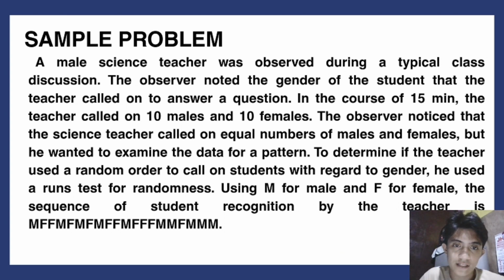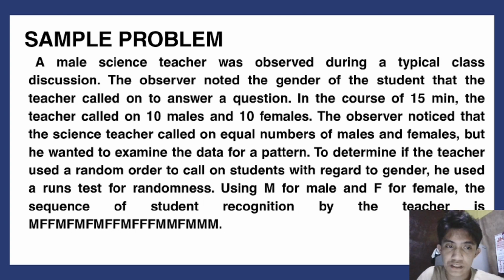A male science teacher was observed during a typical class discussion. The observer noted the gender of the students that the teacher called on to answer a question. In the course of 15 minutes, the teacher called on 10 males and 10 females. The observer noticed that the science teacher called on equal numbers of males and females, but he wanted to examine the data for a pattern.